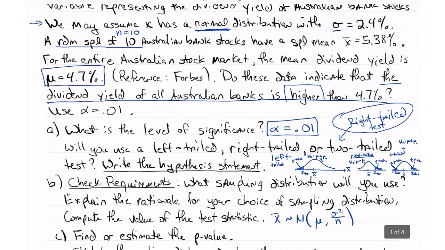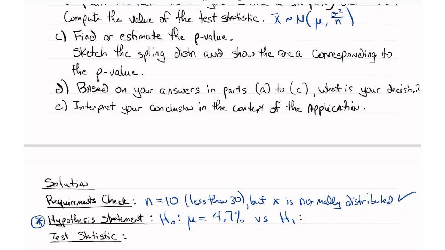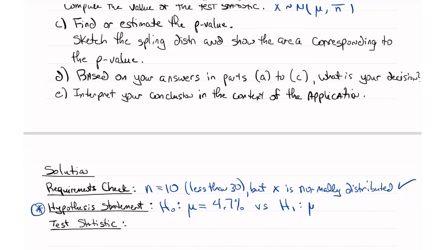And so we come back to what I've underlined here, the dividend yields of all Australian banks, and it should say the mean dividend yield of all Australian banks is higher than 4.7%. So higher than or greater than 4.7%. So it's always mu greater than 4.7%.